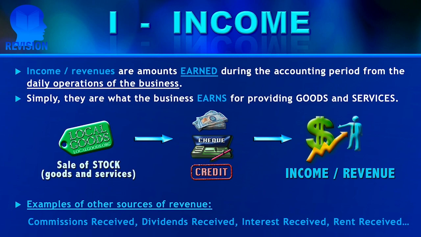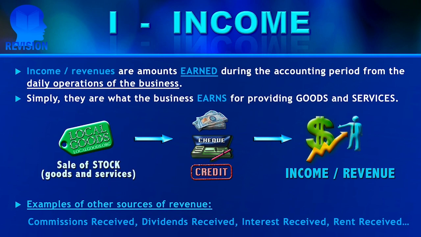Now, our main source of income or revenue would be when we sell stock. Whether we sell it for cash, for check, or on credit, it is revenue that is earned. So in the case of when we sell on credit, even though we have not received the money as yet, we have earned that money.